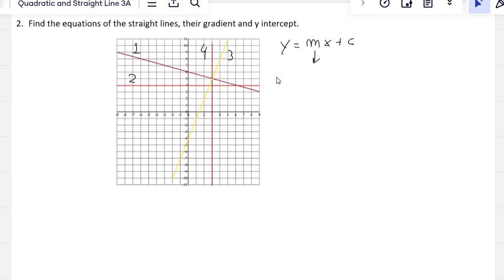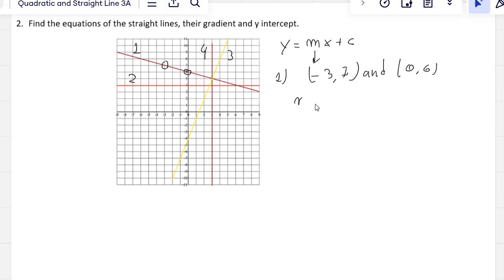How do you determine the gradient in number 1? What we said is you have to determine 2 points. For example, this point and this point. So this point will be -3, 7, and 0, 6.